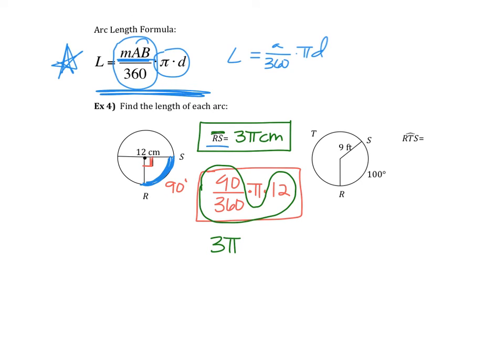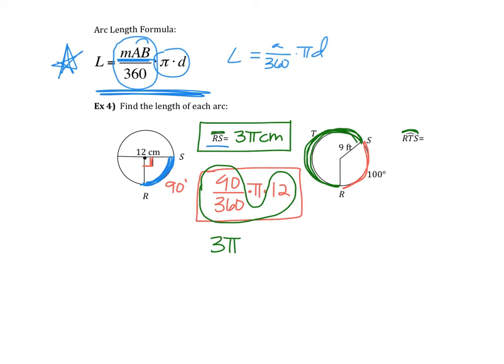Now look at the next one. Arc RTS, so this arc, R to T to S, is this arc here. Notice we don't know how big that arc is, but we do know that this one is 100.